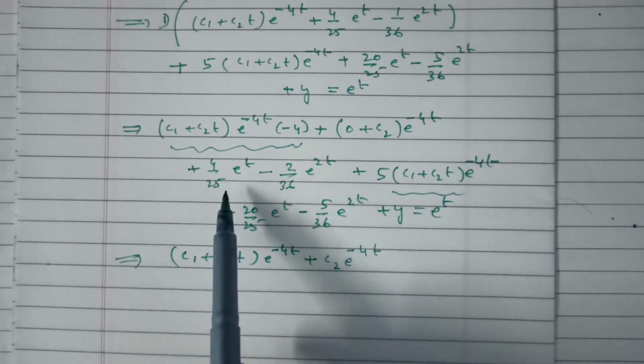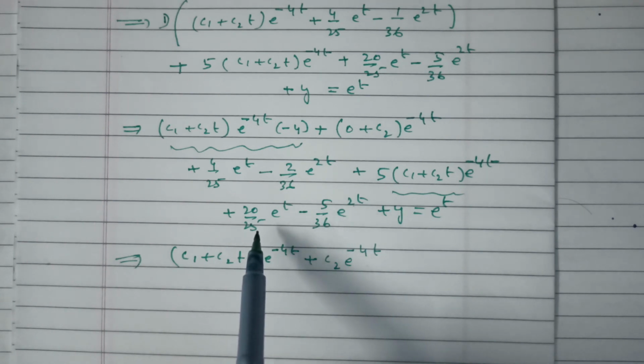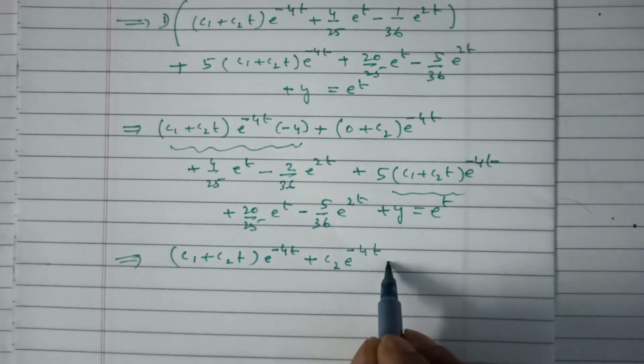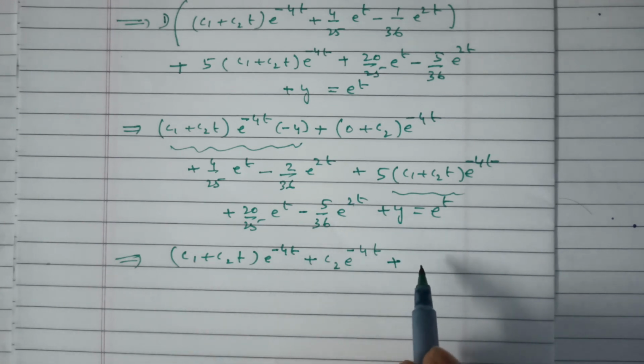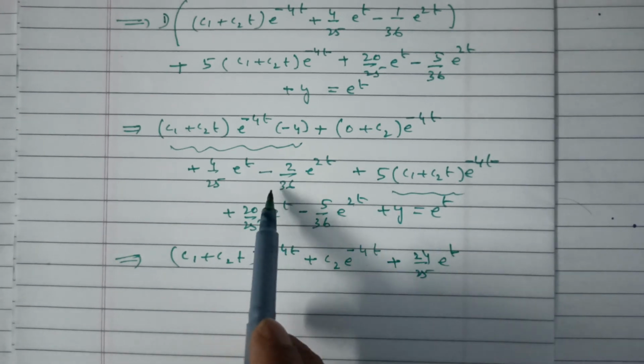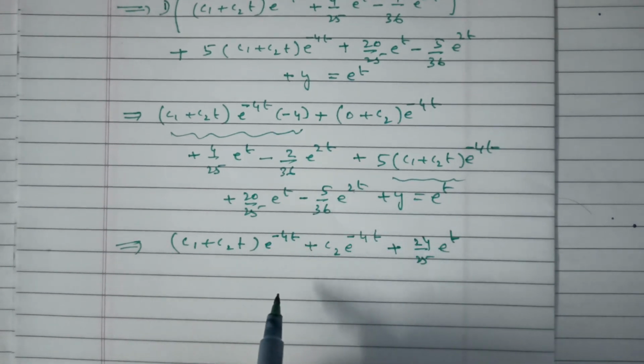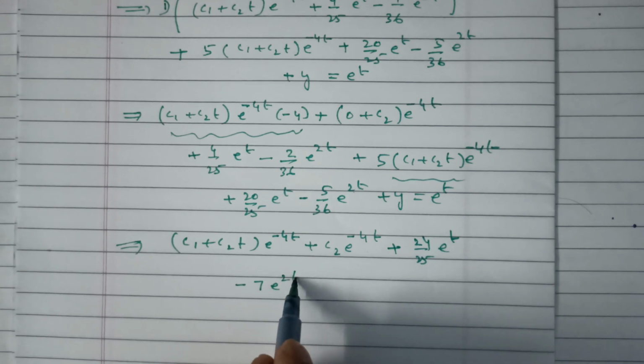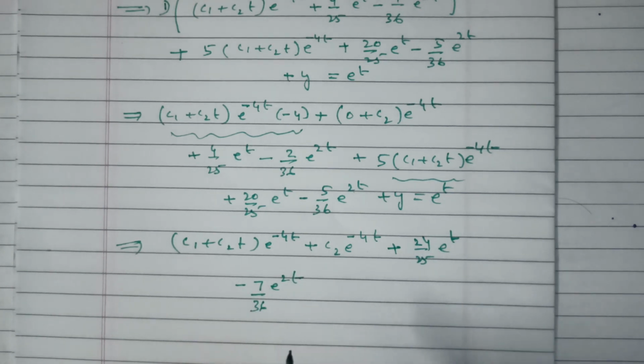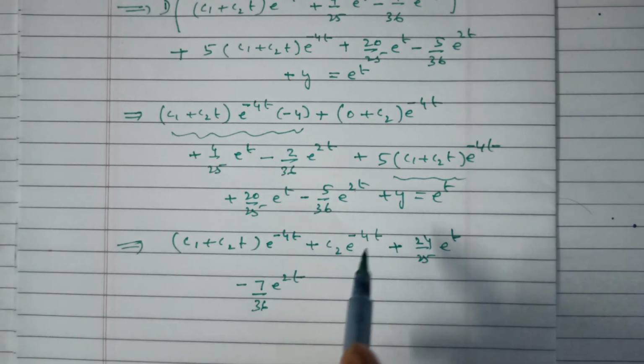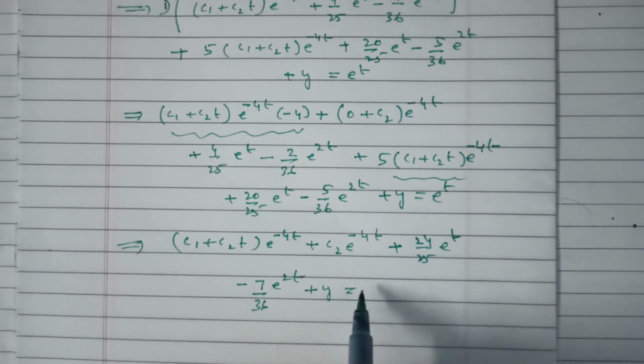Next e power t, here is e power t, here is e power t, so e power t, this is 4, this is 25, the total will be plus 24 by 25 e power t, and coming to this, minus 7 by 36 e power 2t. Next plus y is equal to e power t.